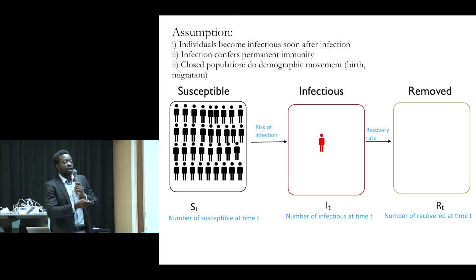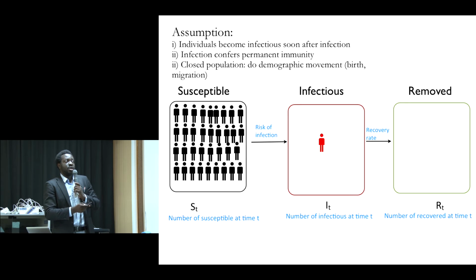So this is our population. We're going to try to make some simulation here. Firstly, I just want you to see how people may move between the different blocks. We have 3 blocks, the blocks of susceptible, infectious, and removed.